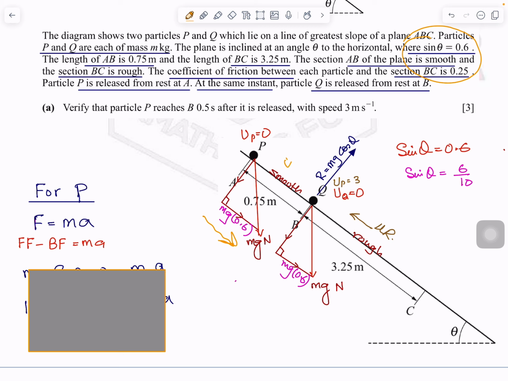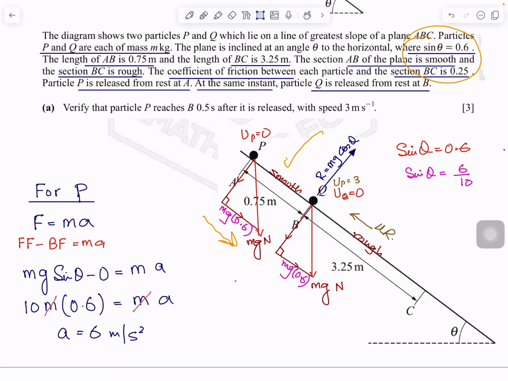And it is a smooth surface, so there is no backward force. Only forward force. So now I have simply substituted here the value: forward force mg sin theta, backward force is 0, equals ma. So simplified, and I got the acceleration, which is 6.